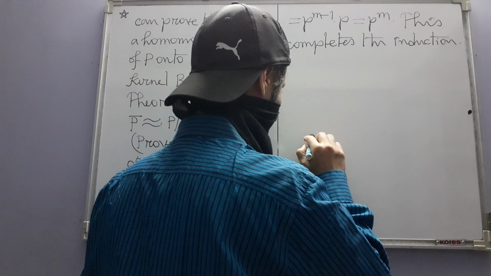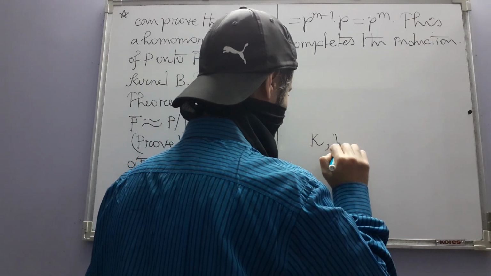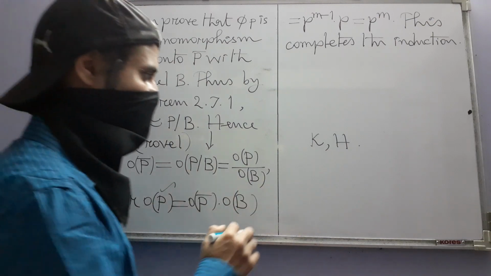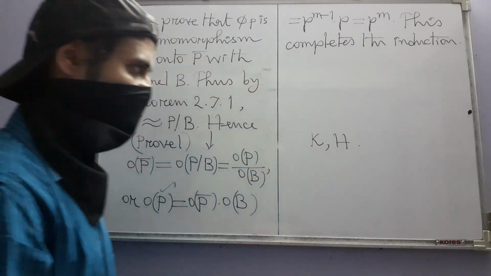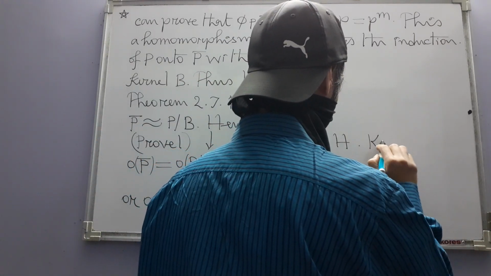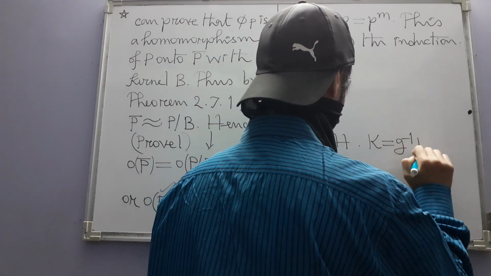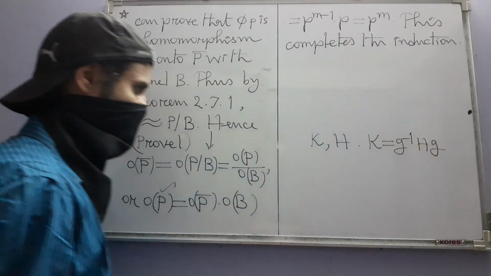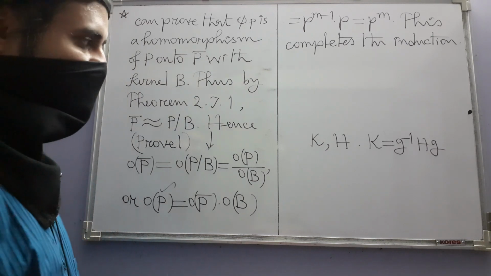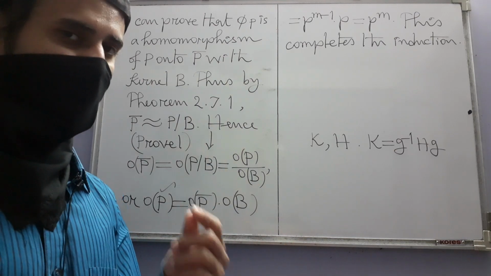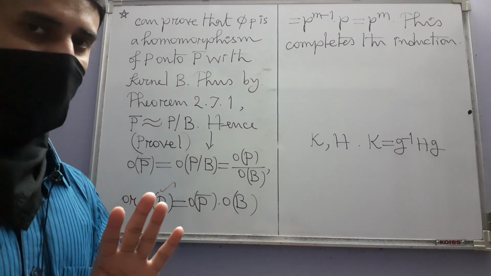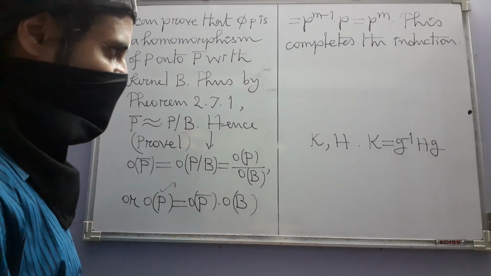So if you have, say, two p-Sylow subgroups K and H, what is the relationship between them? We will see that they are conjugates of each other, in the sense of subgroup conjugate, that is, K will be equal to G inverse HG for some G. Additionally, something further can also be said about the number of p-Sylow subgroups for a given P in a group. So we will see all these things. So for that we are going to need the third proof.